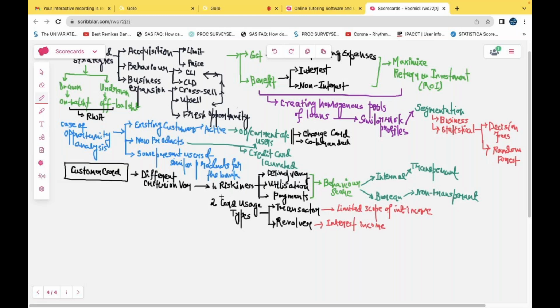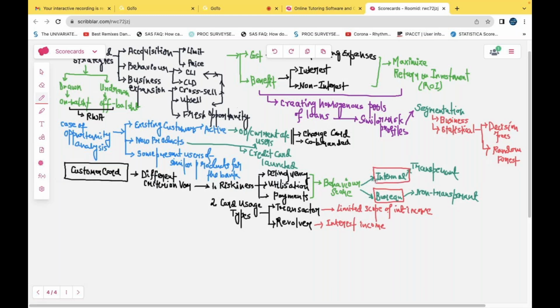So that's the question, right? So let us say that I first start creating groups to target my strategy based on the riskiness. Now, if I am doing it, then the question comes at first, do I choose the bureau score first to create the segment, or do I choose the internal scores?